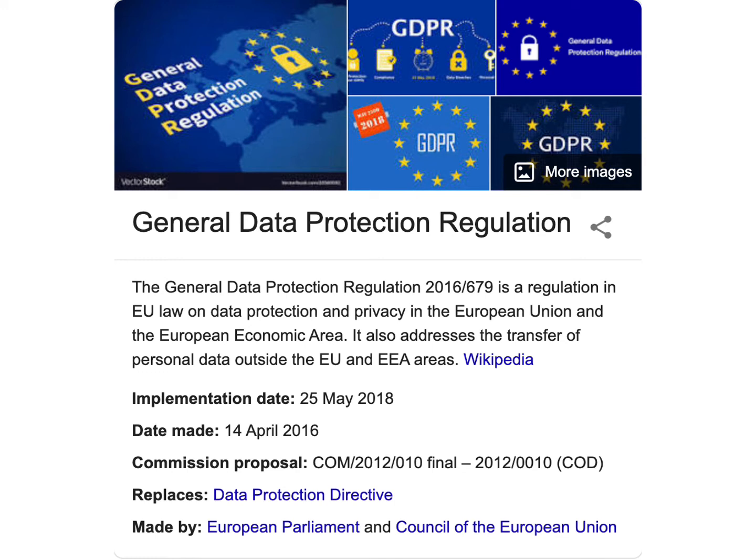GDPR is a regulation in EU law, so the European Union, for data protection and privacy when you're dealing with the EU and the European Economic Area. It also addresses the transfer of data between various areas in the EU and the European Economic Area.